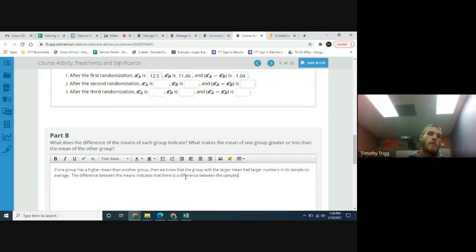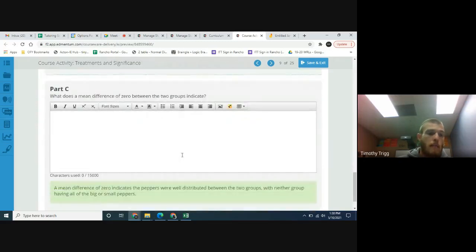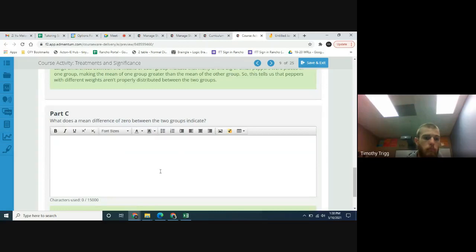Basically, there will always be a difference between the samples, even if the samples were taken from the same population, because the two samples will not be identical.